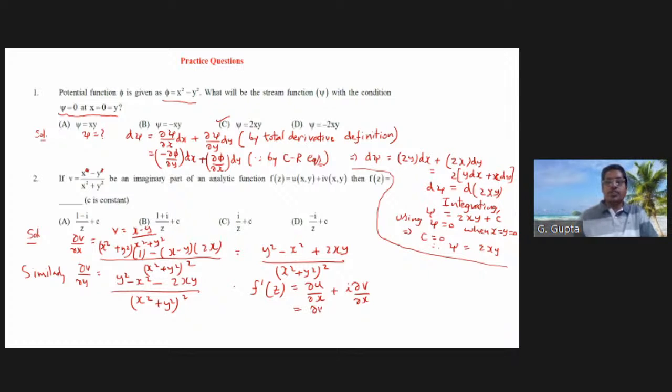So dou u by dou x is equal to dou v by dou y, and dou u by dou y is equal to minus dou v by dou x, by the Cauchy-Riemann equations. So in the next step, let x tend to z, as discussed in the previous four questions. X is replaced by z and y is replaced by 0.